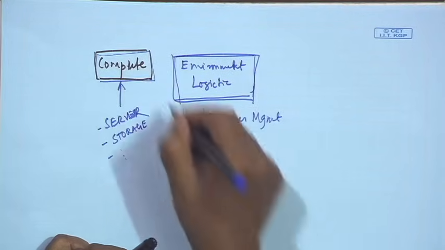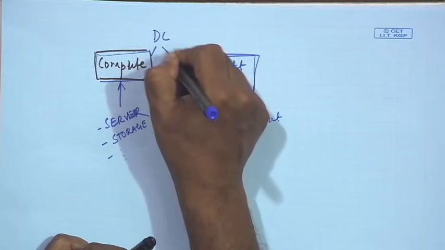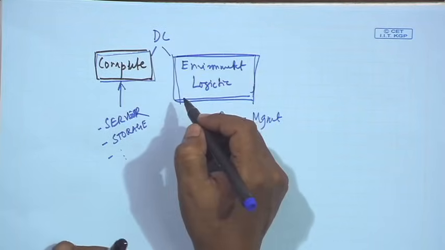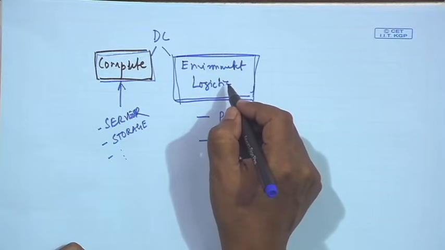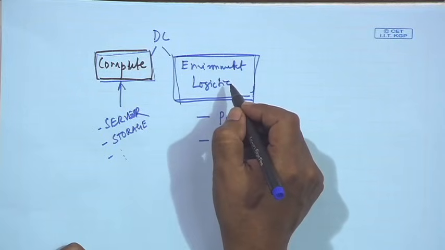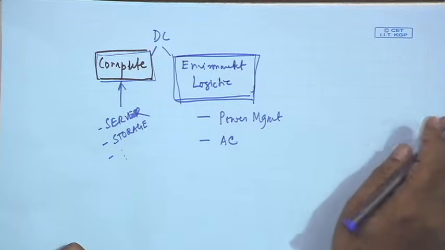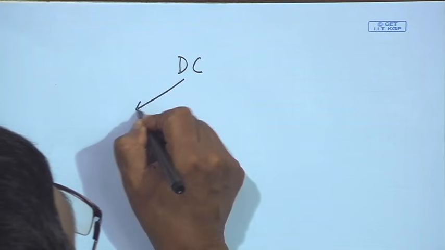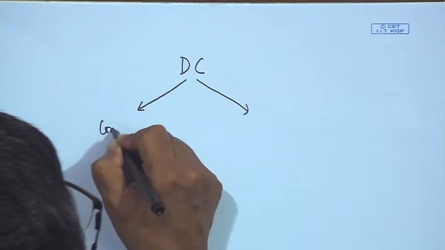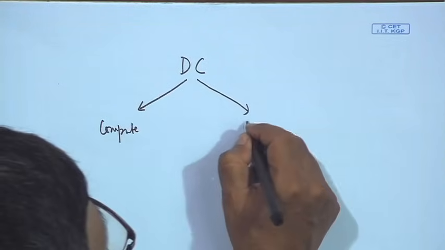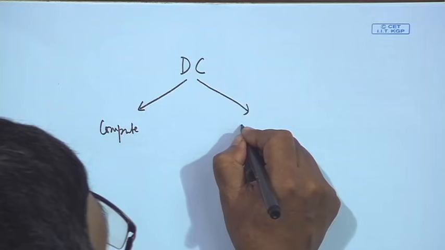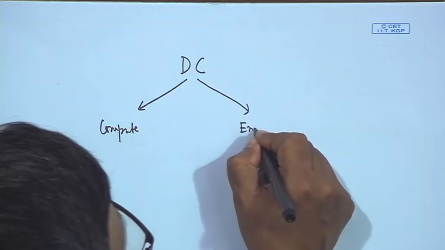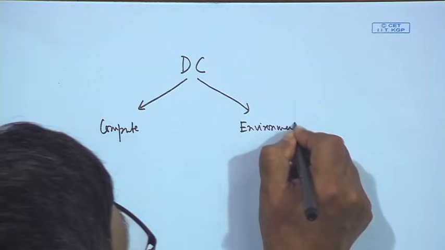So, if I have a DC, it has two components. Incidentally, these two are, if not equally, then very power hungry. One component is towards compute, and one is towards maintaining the overall environment of the data center.